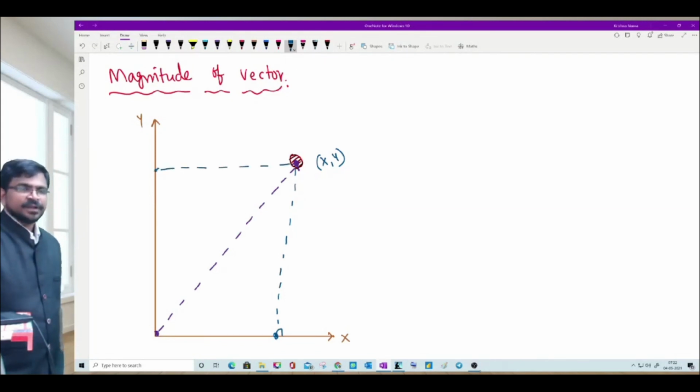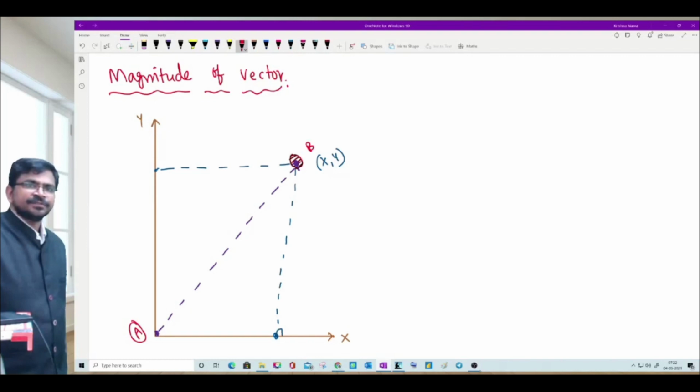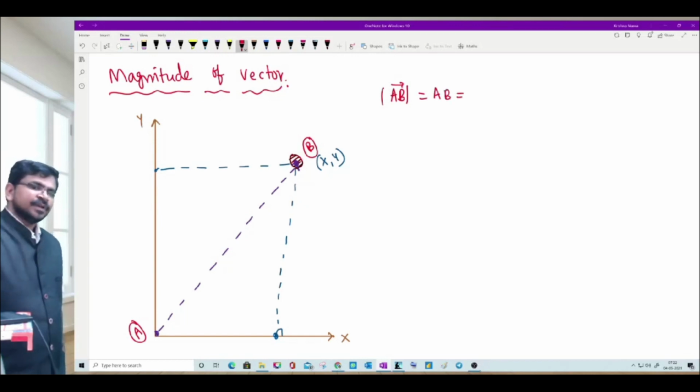Now if I focus here, the first point is A, the final point is B. My interest is to find out the magnitude of AB.